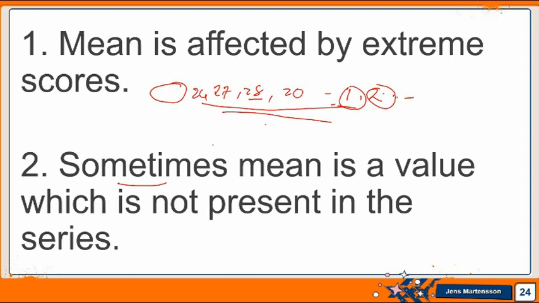Kapag in-add mo yan at kinuha mo yung mean, ang lalabas dyan is a score na wala naman sa given data na meron tayo. Ang mean na makukuha natin dito is 17.33. So, wala namang 17.33 dito sa given set of data. So, yung central tendency, wala dun sa data.